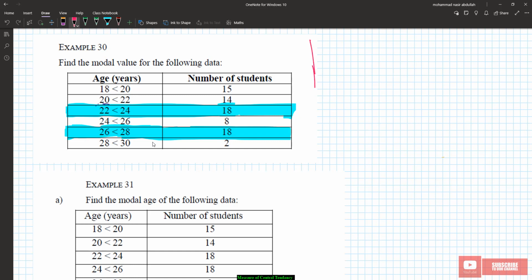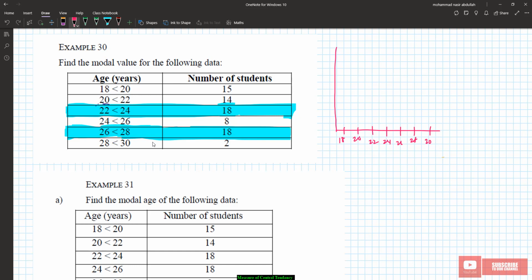Let's draw a simple, brief histogram. This is 18, 20, 22, 24, 26, 28 and 30.